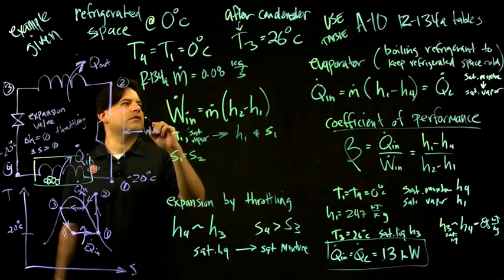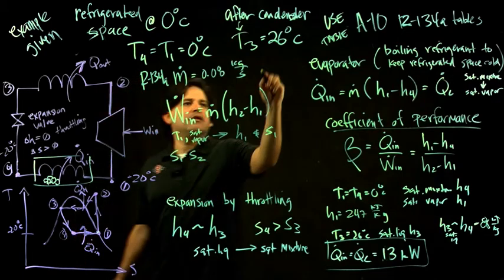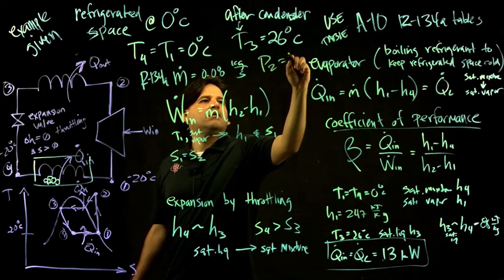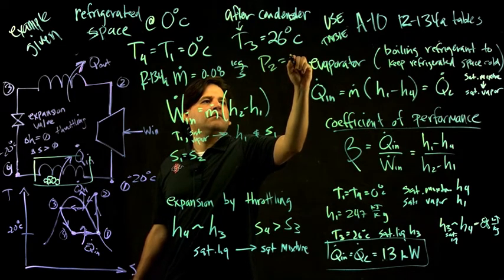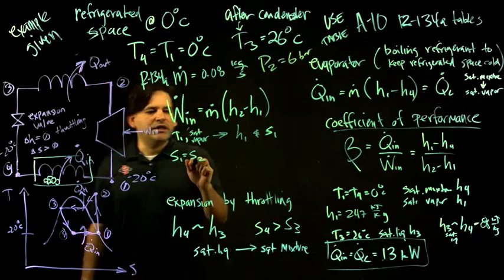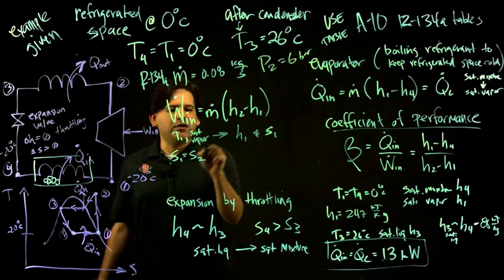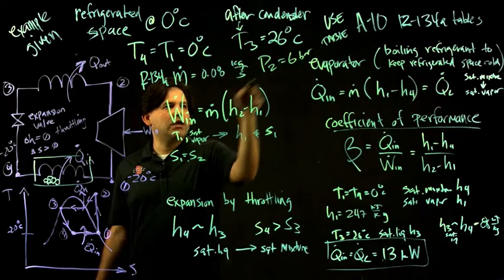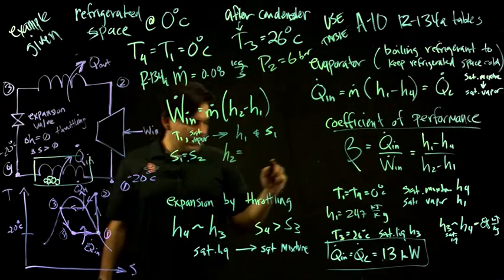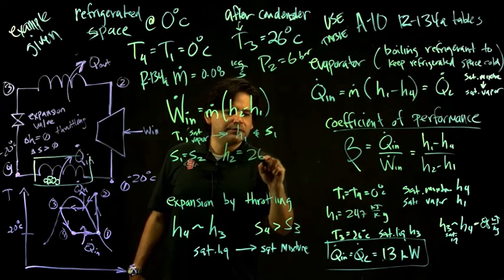Let's say we're given, I'll double check this, but we might know P2 is given. I don't know, let's say like 6 bar or something like that. I think that's what we needed to know, that if we know the entropy at state 2 and the pressure at state 2, we can find H2. And I got 265.